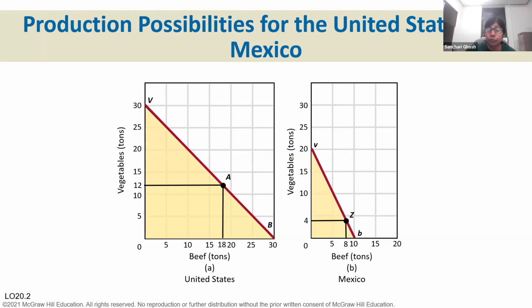So if I can make these ratios clear here.